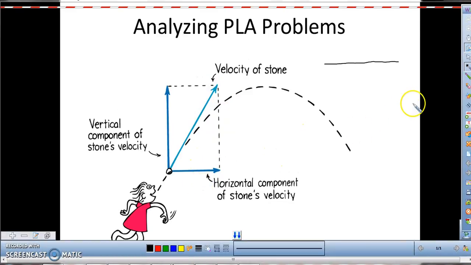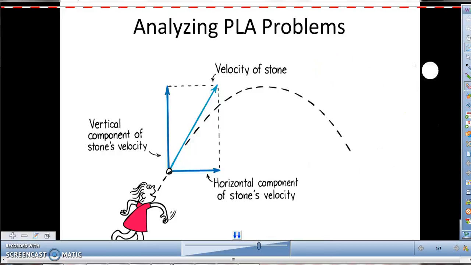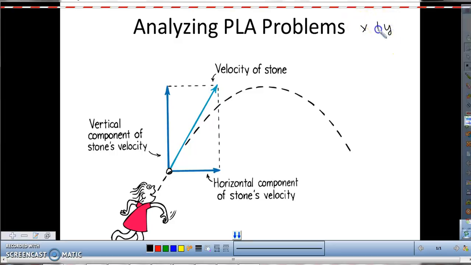In the other lecture, I was talking about how we solve problems with x and y. In order to use Vx is equal to delta x over time, and delta y is equal to Viy t plus 1/2 g t squared, notice that these are all x and y velocities.